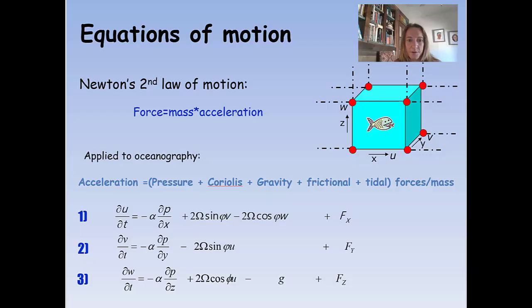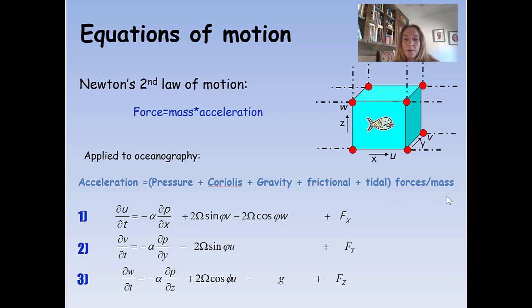The equations of motion are derived from Newton's second law of motion, which you might well have heard of, force equals mass times acceleration. If we apply this to oceanography and rearrange, we get that the acceleration is the sum of our forces, which are pressure, Coriolis force, which is due to the fact that the Earth is spinning, gravity, frictional and tidal forces, divided by mass.